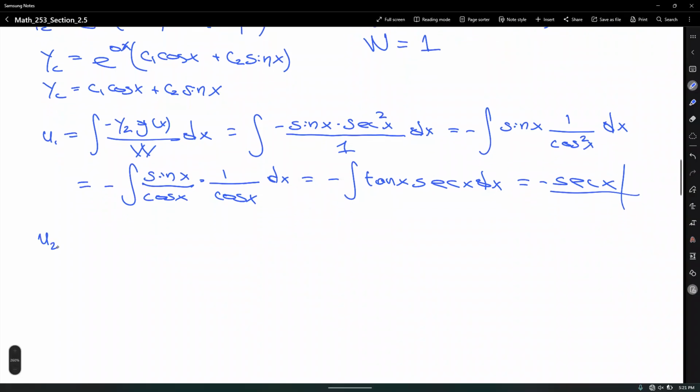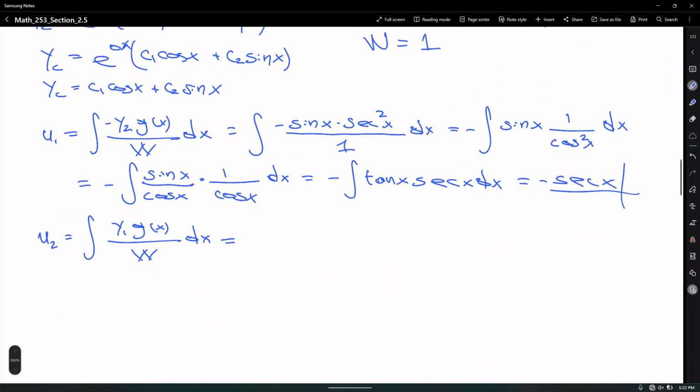What about u2? u2 is similarly the integral of y1 g of x over the Wronskian w dx. So y1 was cosine this time. That's the integral of cosine x times g of x, which is secant squared, over w, which is simply 1, dx. Again, I can set a u-du at this point. However, maybe we can see some reciprocal identities going on between cosine and secant.